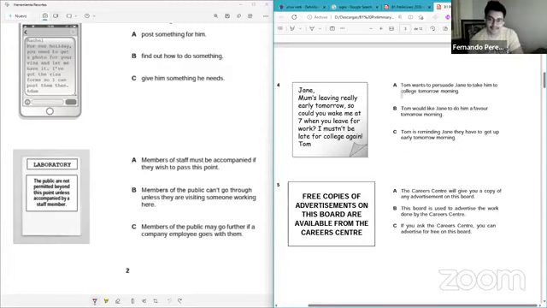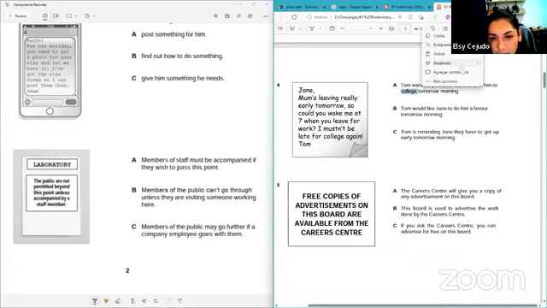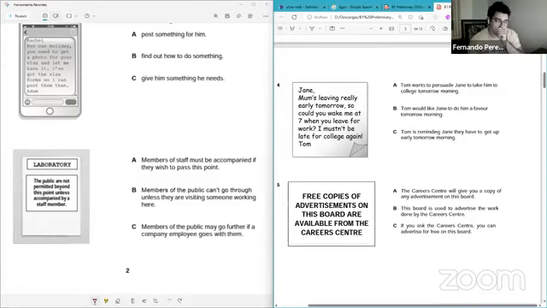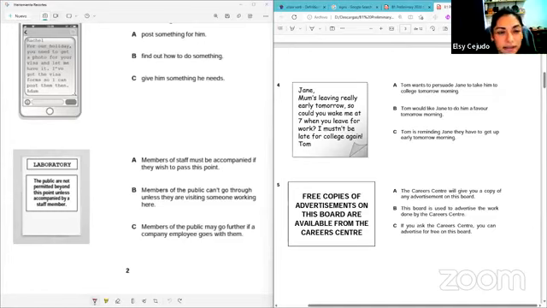And letter A? Letter A. Tom wants to pursue Jane to take him. No, not really, because he doesn't. He doesn't need to take him.